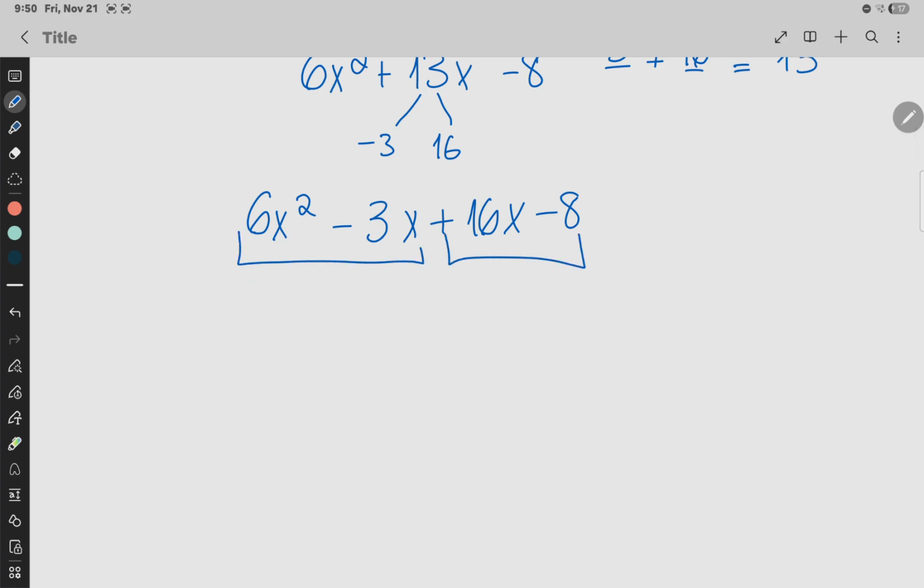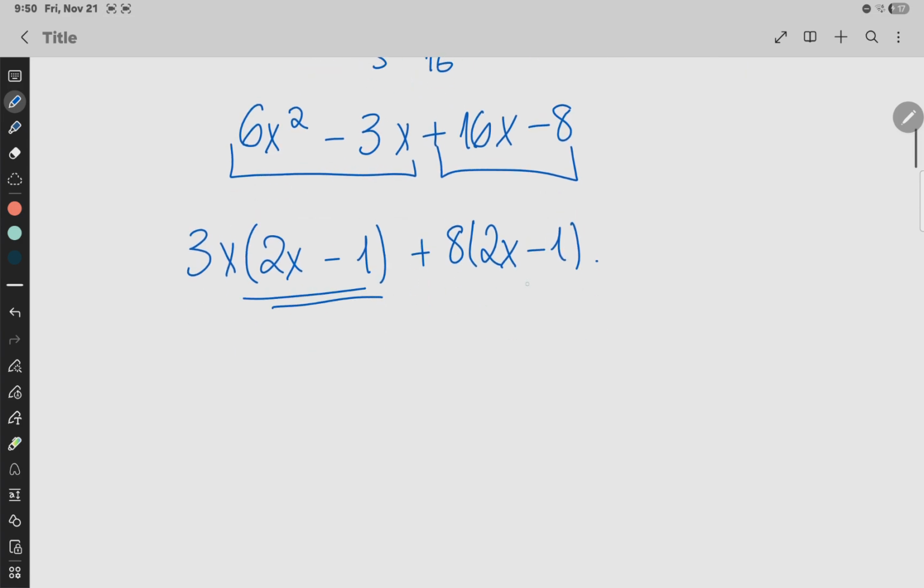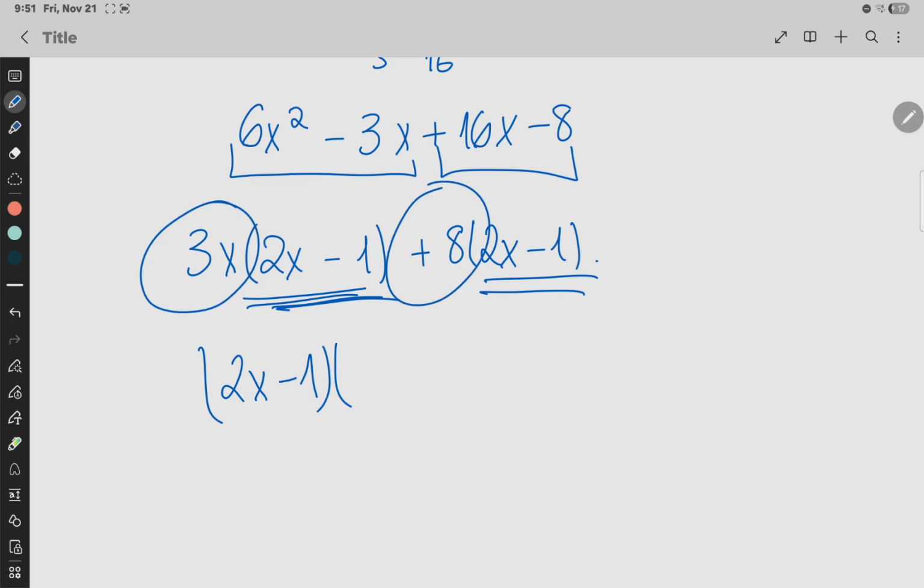From the first bracket we factor out 3x, and that gives us 2x minus 1. From the second, we factor out 8, which gives you 2x minus 1. We have identical brackets, so we combine them, and the remaining terms, 3x plus 8, become the other bracket.